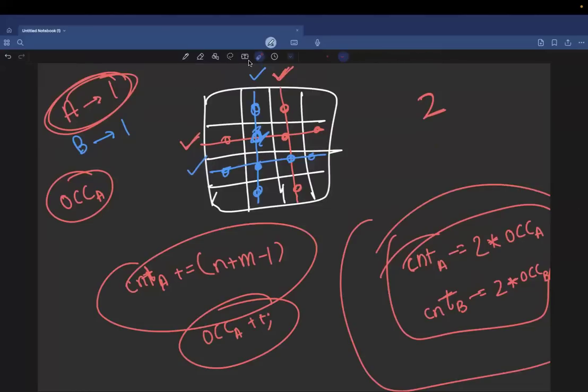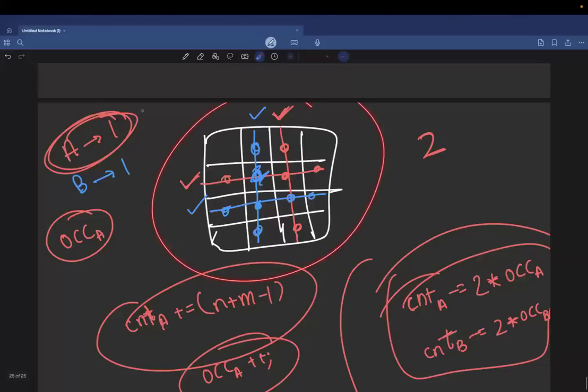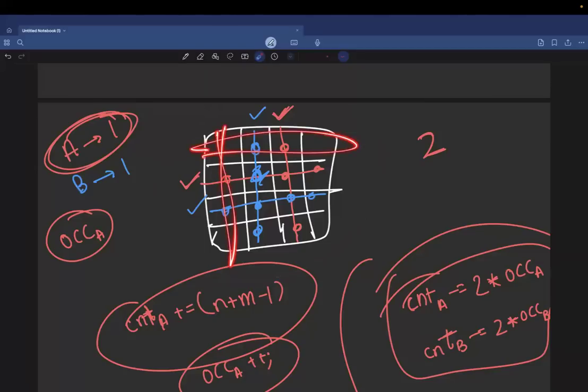It doesn't matter which cell you choose. This was the main observation in the problem, that it doesn't matter which cell you choose, because whichever cell you choose, it will cover the complete row and the complete column. When you cover the complete row, whatever is the number of cells which have been chosen by you or Bob would be rewritten, would be colored again, right?